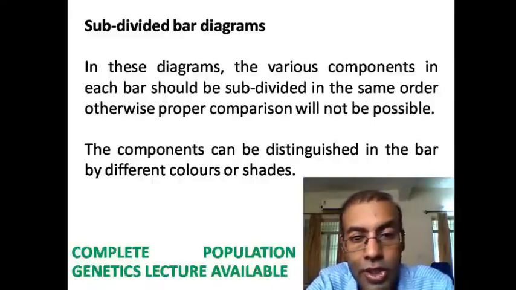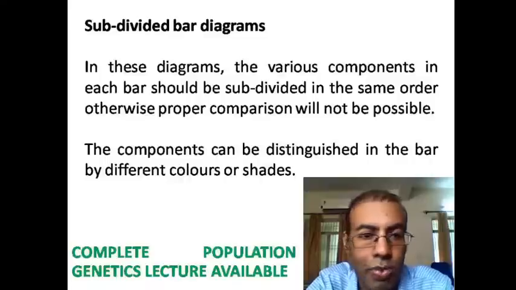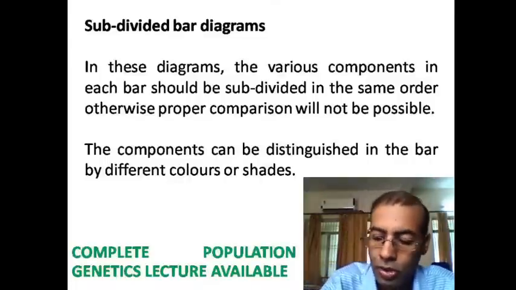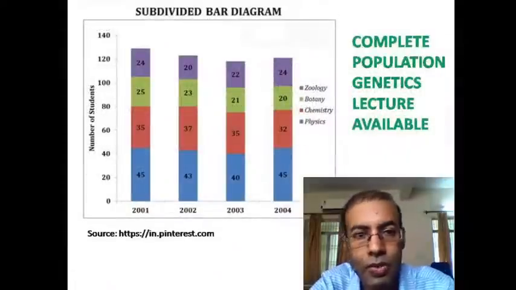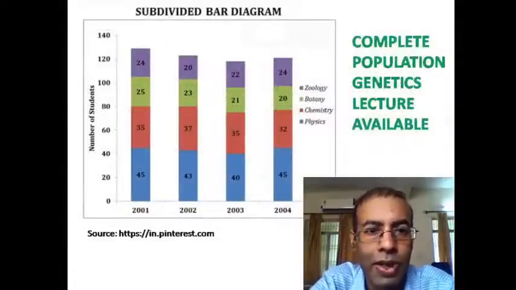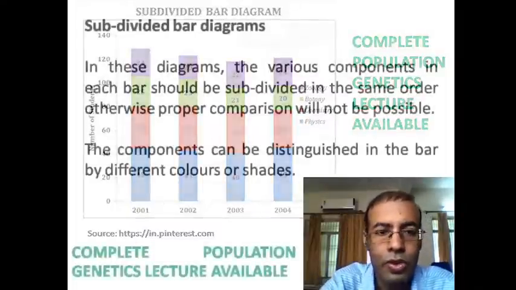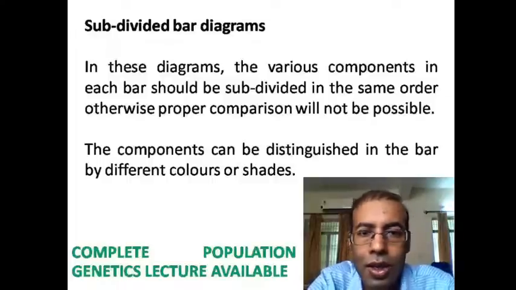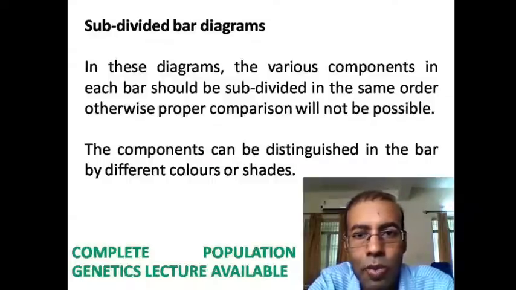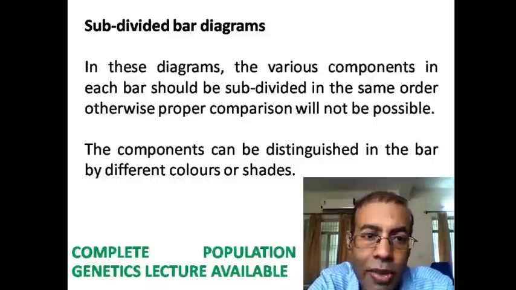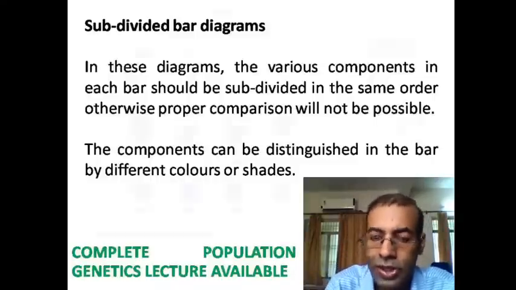The components can be distinguished in the bar by different colors or shades. Okay, so now here we have one subdivided bar diagram, and as we said, the various components in each bar should be subdivided in the same order.